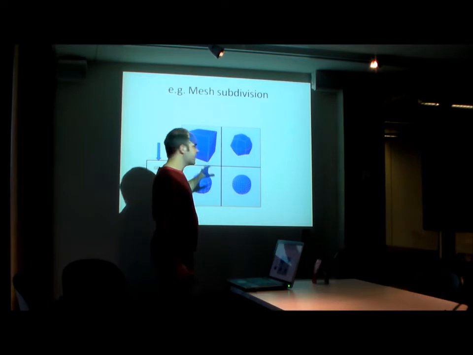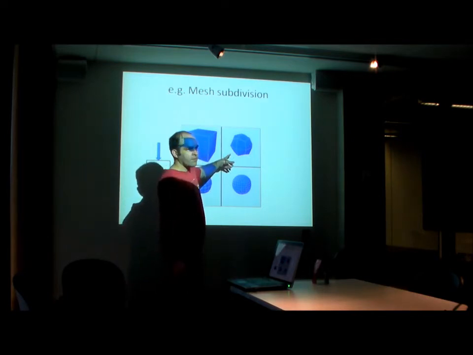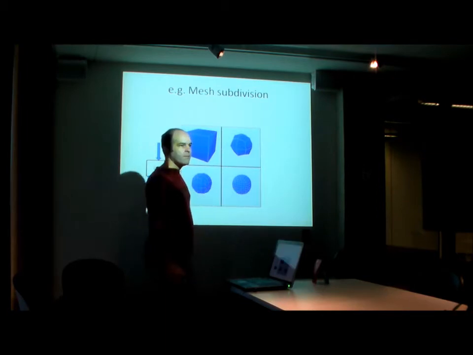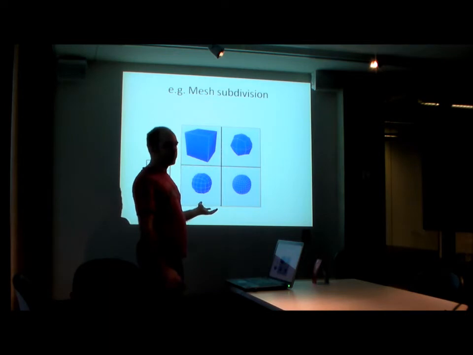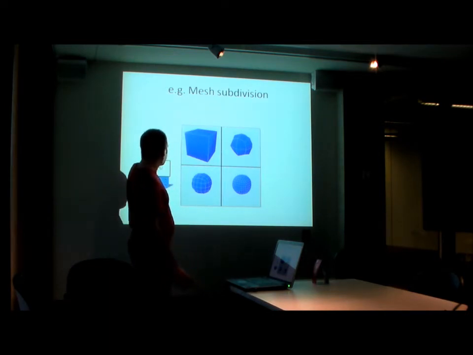You apply that to all of the faces, and you get a higher resolution object, and you apply it again, and that's a very popular way of having smooth curved surfaces that runs on the GPU. Low resolution data, you can think of as spline handles, gets passed in, and a high resolution mesh comes out.